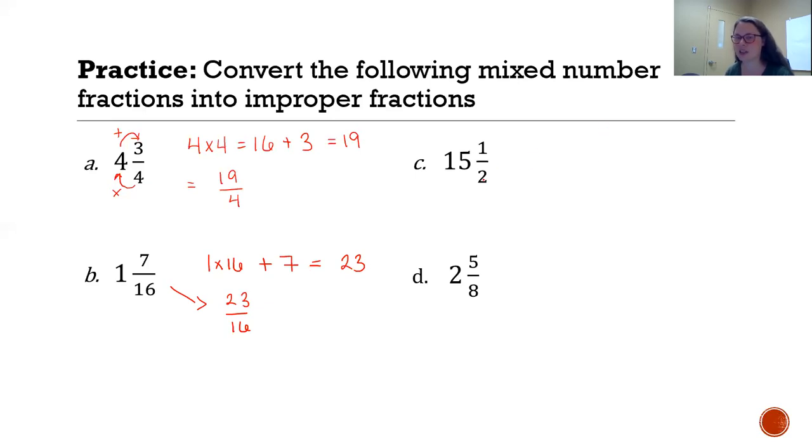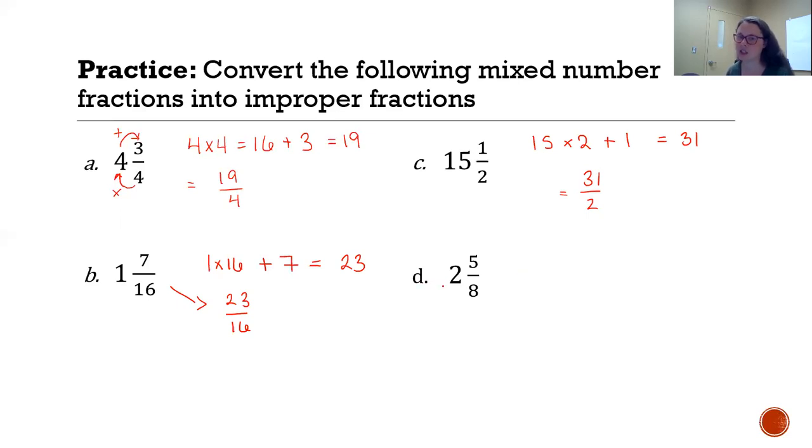Let's do the same thing here. We have 15 1/2. So we have 15 times 2, because there's 2 in each of those sets, plus 1 piece in a part set. Leaves me with 30 plus 1, 31/2. All right.